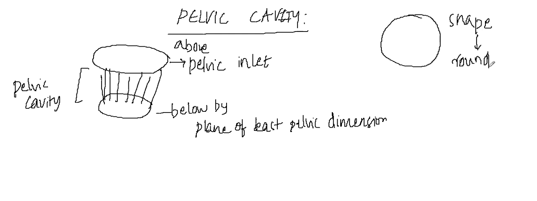Now the plane, if you see, extends from the midpoint of posterior surface of the pubic symphysis to second or third sacral vertebrae. So I would like to draw a diagram for this. Just a minute, give me a minute.